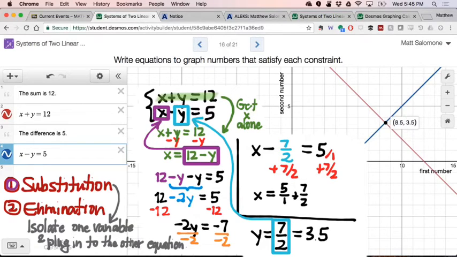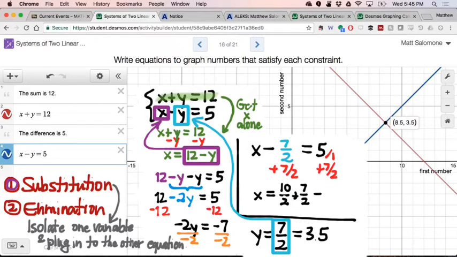I'm adding fractions, so what do I need? I need a common denominator. What's a good common denominator for these two fractions? 2. The second fraction already has a 2. So to bring the first one up into those terms, I just need to multiply the denominator by 2 and the numerator by 2.